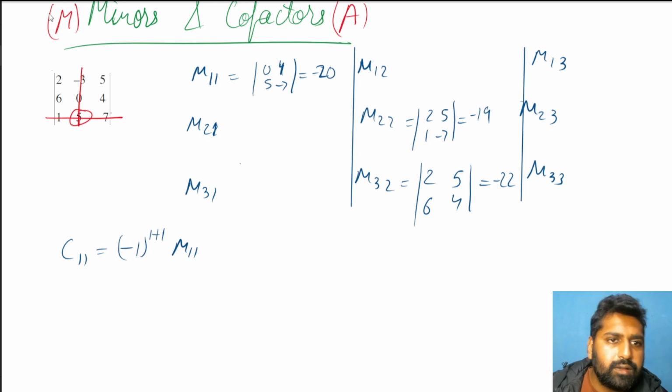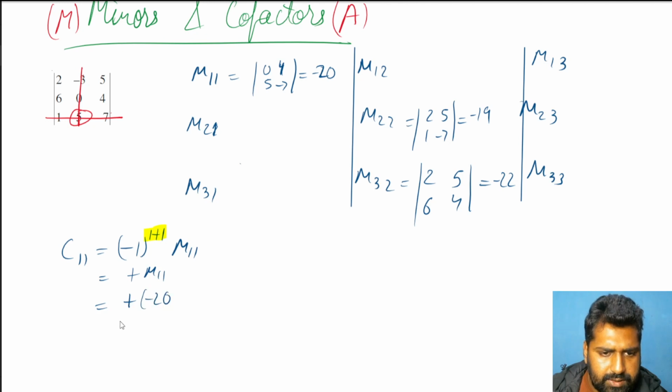If you are calculating C11, just raise the power of minus 1 with the addition of the indices. This is minus 1 raised to power 2, which is positive. So plus M11, which is plus of minus 20. So basically minus 20.